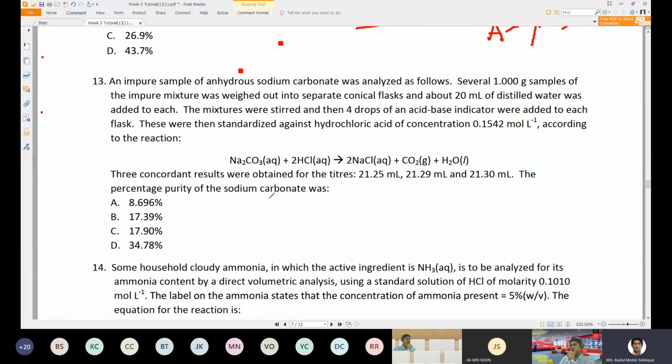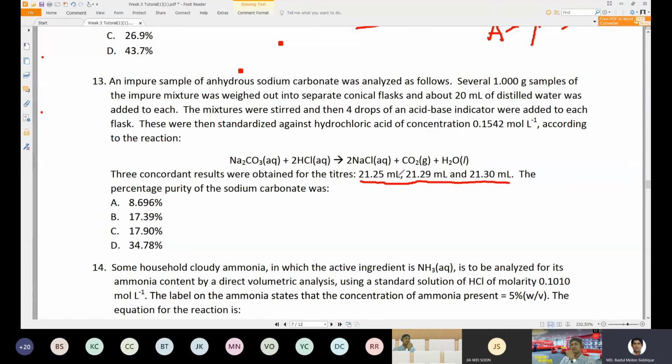The percentage purity of sodium carbonate was, what is the percentage purity of sodium carbonate? We know this reaction is a 1:2 ratio. This is the stoichiometric ratio 1:2. And from here, we find the average.